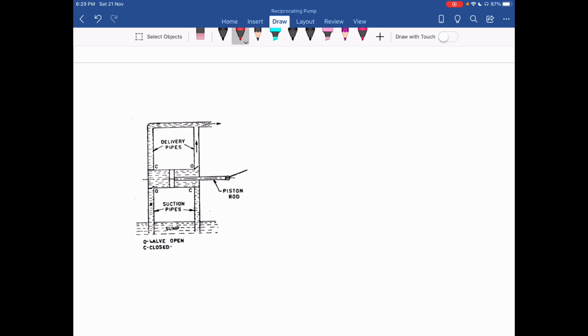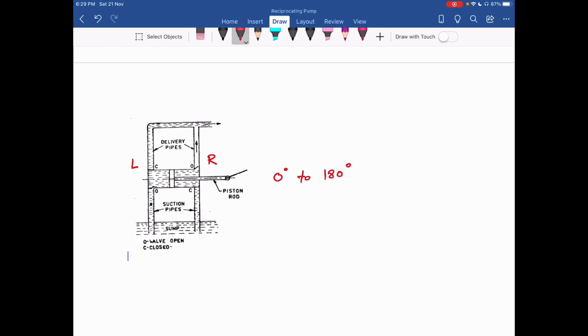Okay, so my rotation of crank from 0 degree to 180 degree, you can see. So the piston moves from left to right.